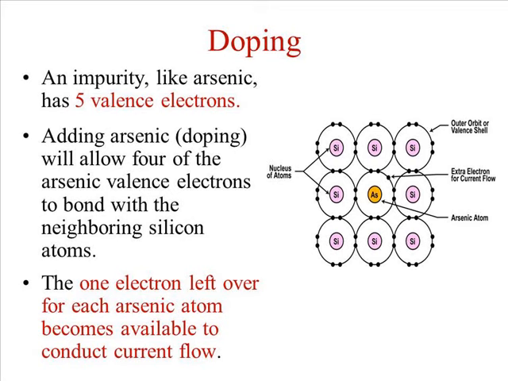So if you have 5 valence electrons like arsenic, 4 of them bond like the crystal lattice, and you stick that little impurity in there with the 5 valence electrons, and now that electron is free to move, just like the metals with 1 valence electron.